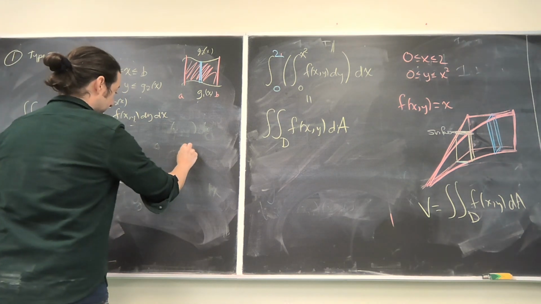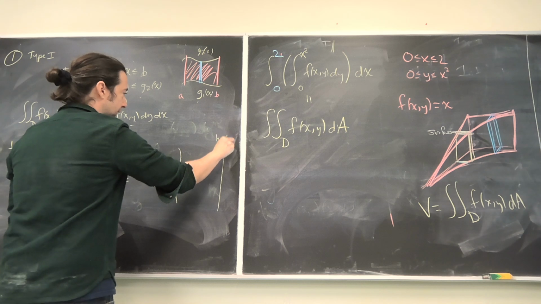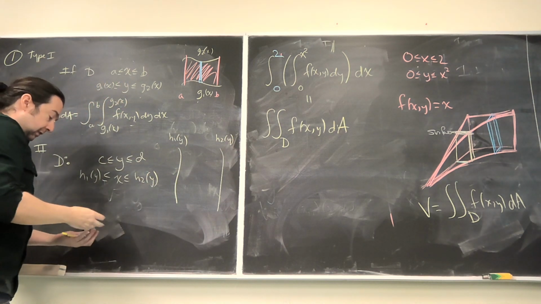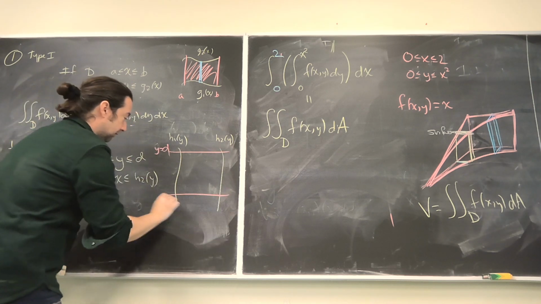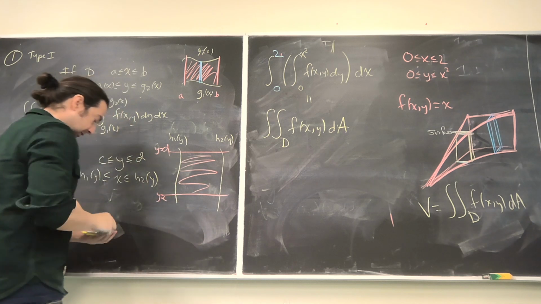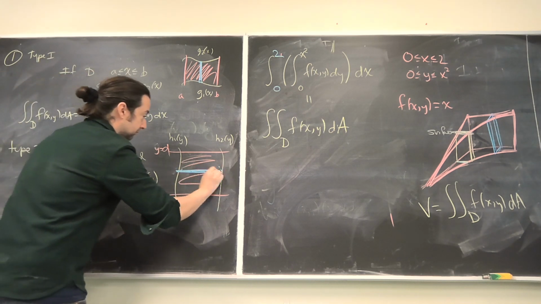So in that case, that would be like a function out here and a function out here, where this is h2 of y, h1 of y, and now we have y values that cut off the top and bottom of the region. So y equals d, y equals c. So the region we're studying is here, and we're thinking about strips that run the other direction.